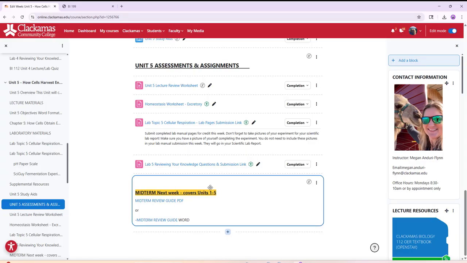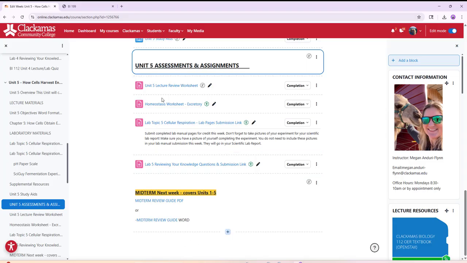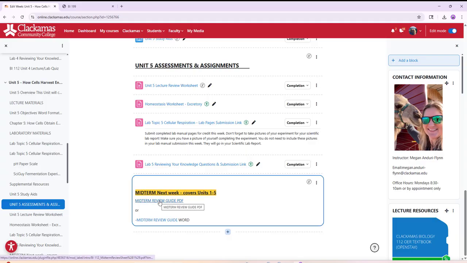And that's in lieu of, you don't have a quiz on Unit 5, so you'll be taking a midterm exam instead. So that midterm exam, to help you prepare, we do have a midterm review guide that will help you.